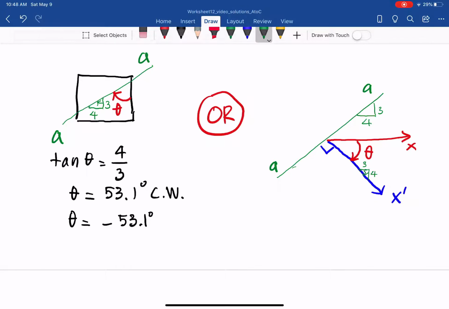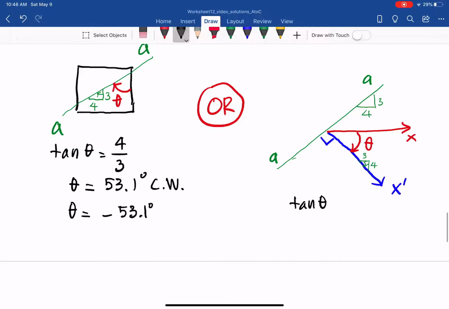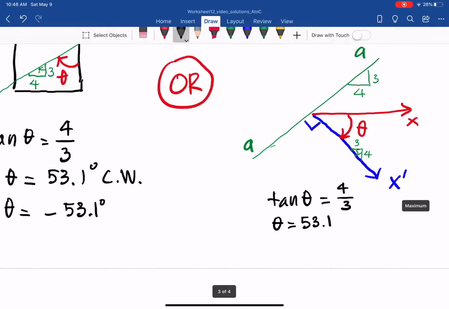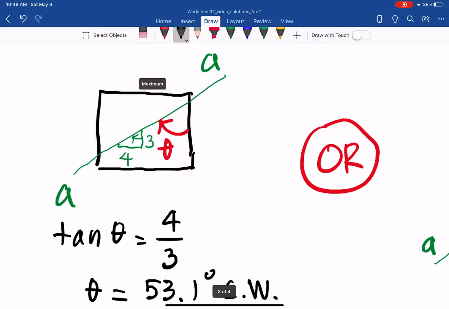So the tangent of theta equals opposite over adjacent, and theta equals 53.1 degrees, clockwise from the original axis to the new axis x apostrophe, or equally from the original plane to the new plane.